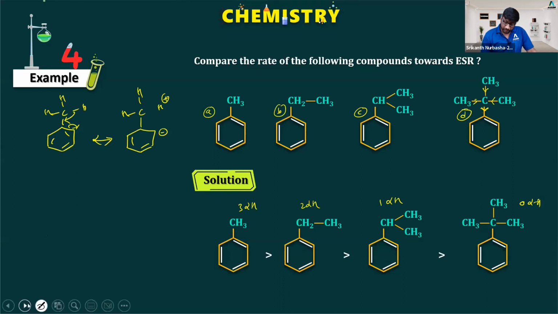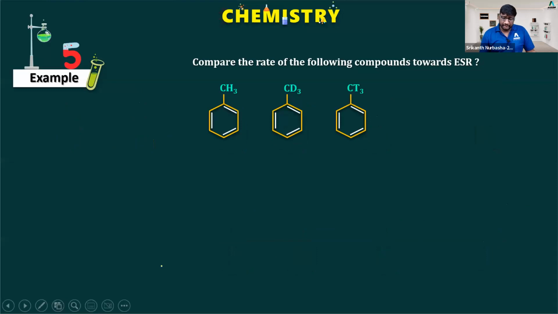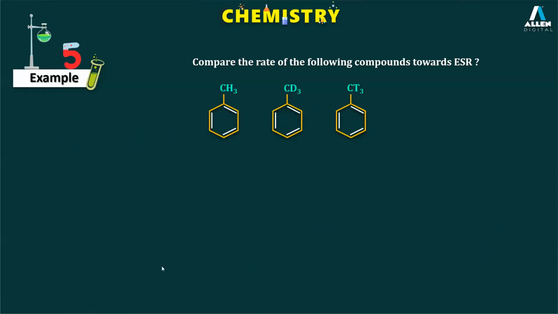Right, very good. Here CH3, CD3, CT3. CH3 is greater, then CD3, then CT3. Earlier we said there is no dependency of rate on the CH bond, but now why are you saying CH3 is greater?